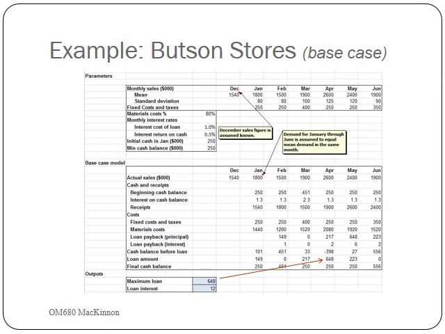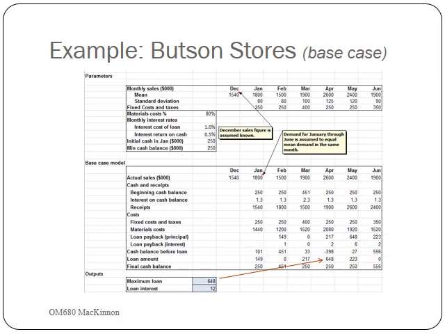We are able to calculate our revenue and our costs, and how much we need in order to keep a minimum of $250,000 worth of cash on hand. We sometimes have to borrow money and pay interest on that. Ultimately, we want to find out the amount of our maximum loan, which in this case turns out to be in April, and the cumulative interest we have to pay, which is $12,000.